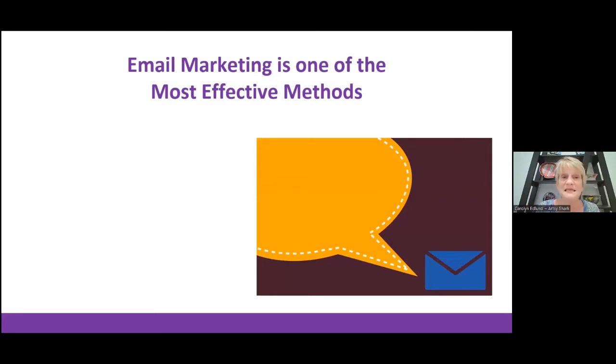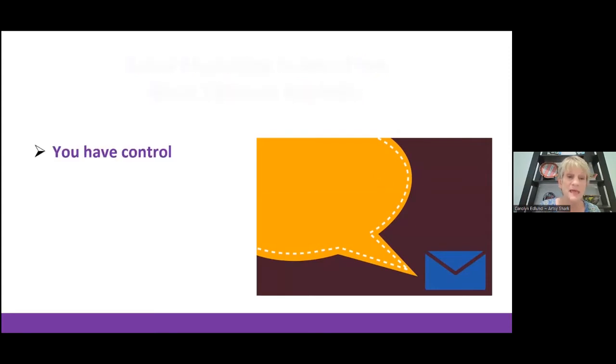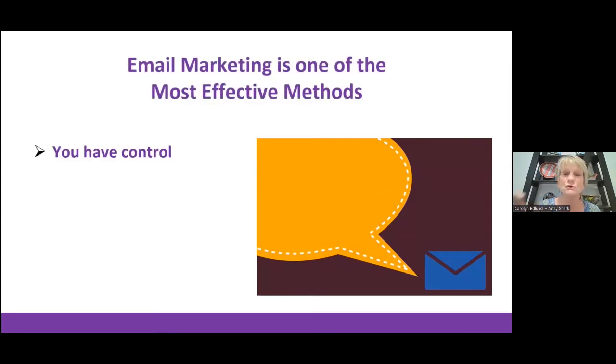In fact, email marketing is 40 times more effective than social media marketing. When you build a subscriber list and market to them through email campaigns, you have control over the process. You own the list, so no one can take it away from you.